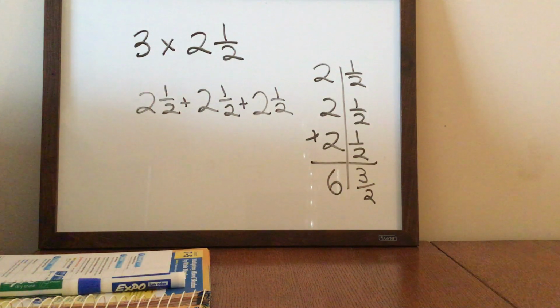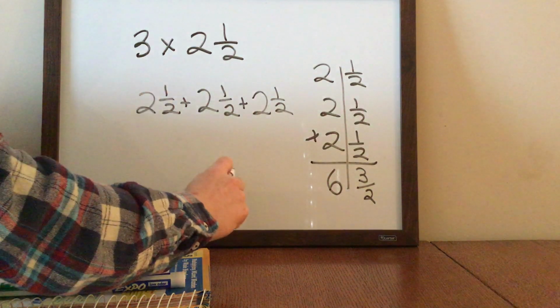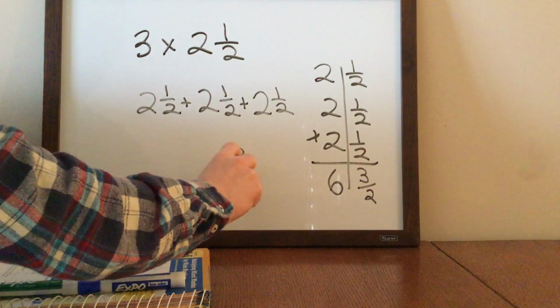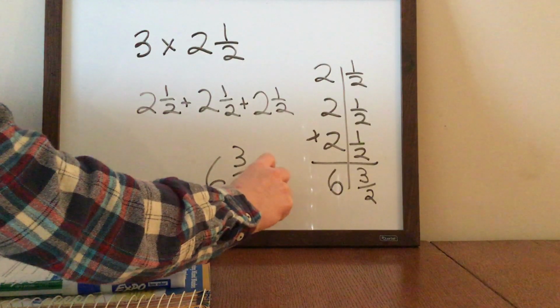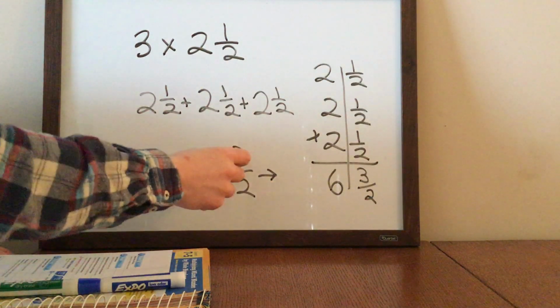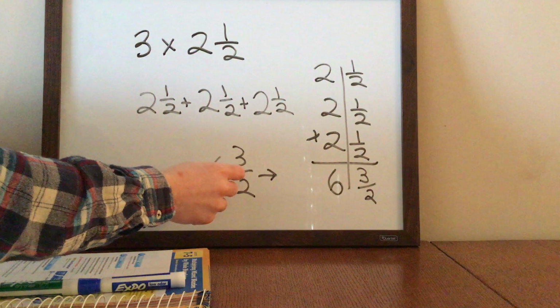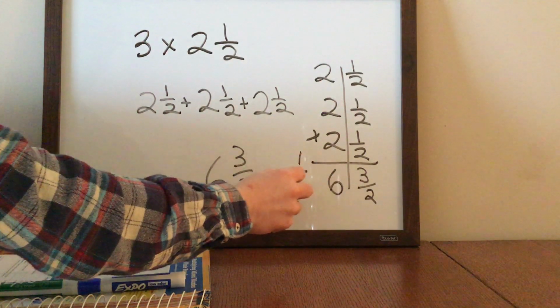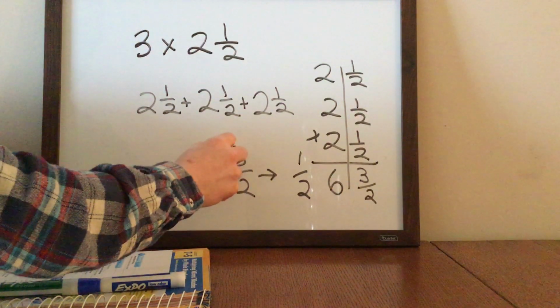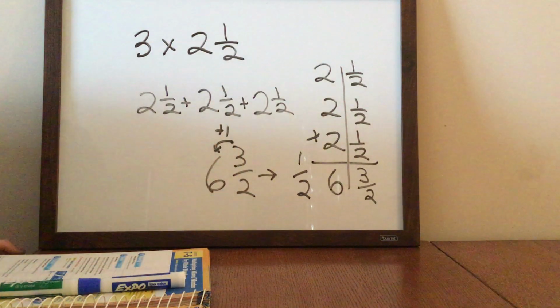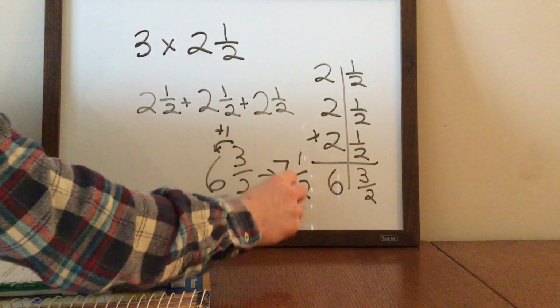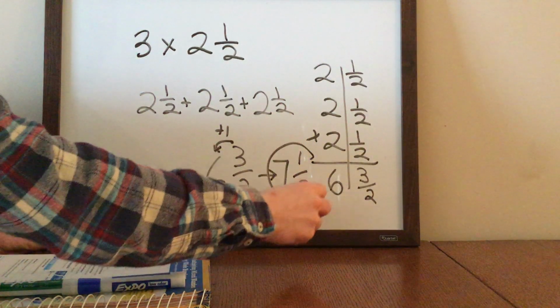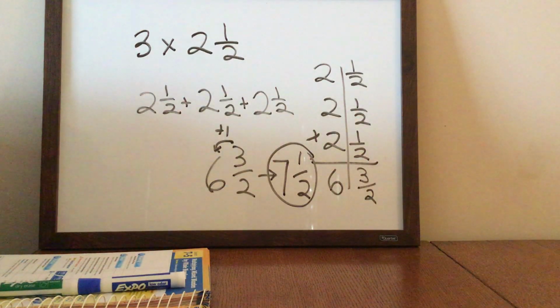Now many of you are probably saying, hey, we can't leave it like that. You are correct. We have to regroup this. So 6 and 3 halves, we regroup. We're going to take the 2 halves out of this improper fraction, which leaves us with the 1/2. We're going to put that into the whole number, so that 6 would become 7. So 6 and 3 halves is really 7 and 1/2.